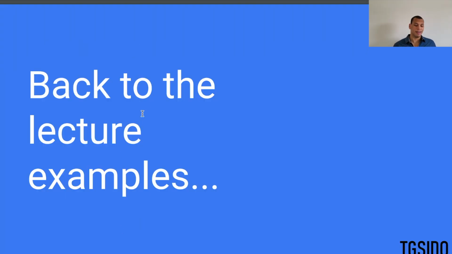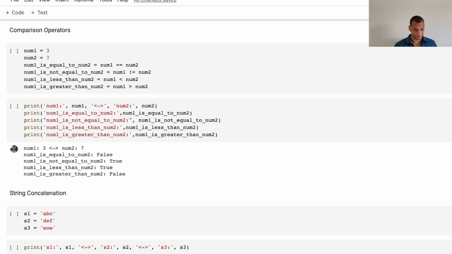Cool. So back to the lecture examples. Over here we have num1 is equal to 3 and num2 is equal to 7. Num1 is equal to num2. Is num1 equal to num2? Is 3 equal to 7? Nope, right? So that's going to be false. And then over here we have num1 is not equal to num2. Is 3 not equal to 7? That's actually correct, right? 3 is not equal to 7.